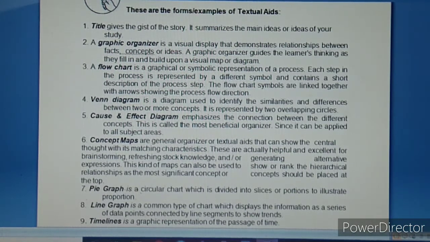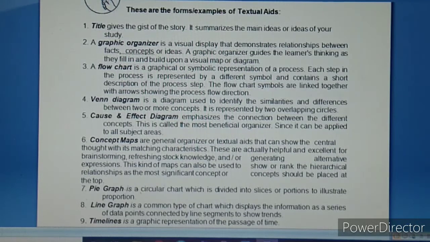Now, number 5, cause and effect diagram emphasizes the connection between the different concepts. This is called the most beneficial organizer since it can be applied to all subject areas. Number 6 form of textual aid is concept maps. They are general organizers of textual aids that can show the central thought with its matching characteristics.